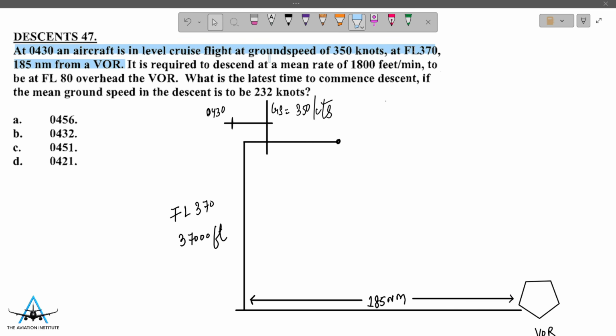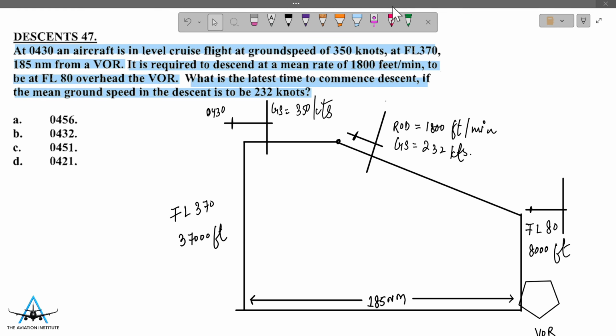Now, the second part of the question says that it is required to descend at a mean rate of descent of 1800 feet per minute to be at flight level 80 overhead the VOR. What is the latest time to commence descent if the mean ground speed in descent is to be 232 knots? Let's picture this as well.